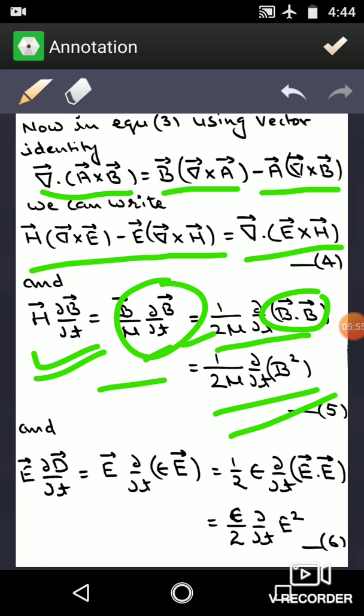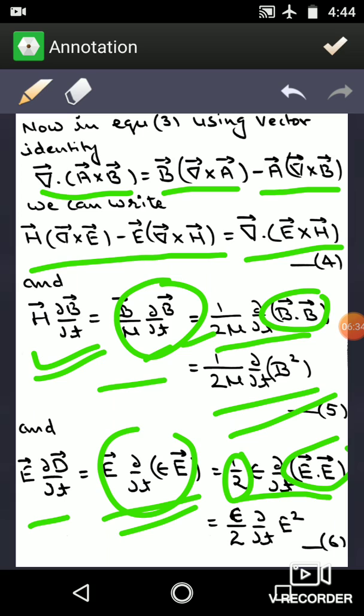Similarly, another term, E dot del D upon del t, can be replaced by E dot del upon del t, and D is replaced by epsilon E. Then this term can be written as 1 upon 2 epsilon del upon del t of E dot E, because if we differentiate E dot E with respect to time, then we get two similar terms, each equivalent to E del E upon del t, and we divide by a factor 2 so that we get one term of this type.